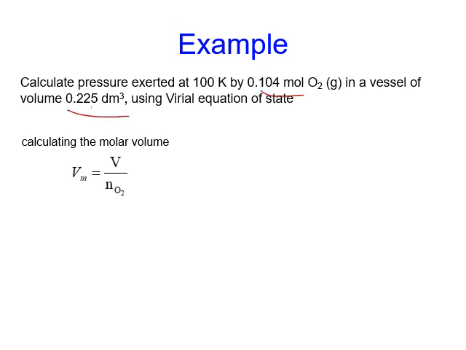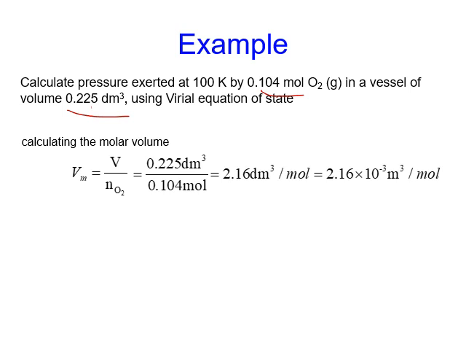Calculate the molar volume and change cubic decimeter to cubic meter. Then in the virial equation of state, the molar volume is just calculated, the temperature is given, and we need to know B.